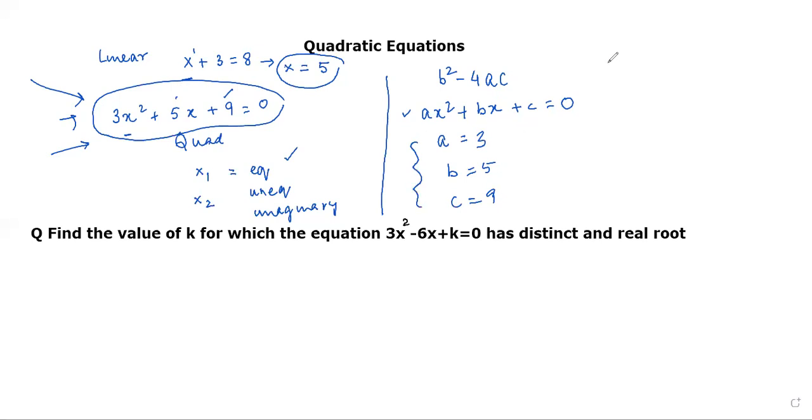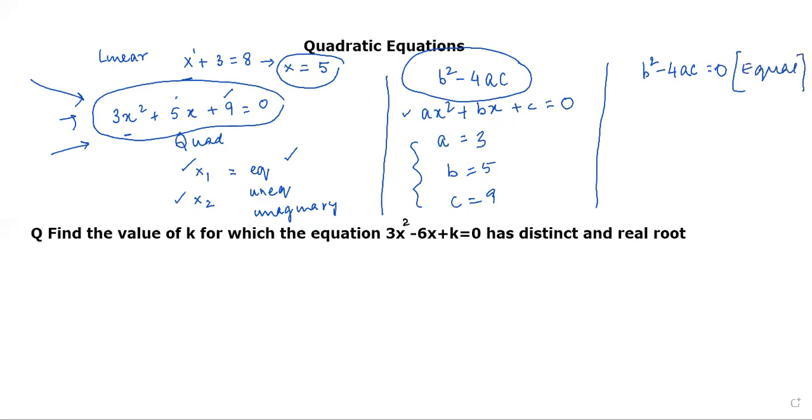Now, if you put these values in this magical expression called b square minus 4ac, if the value comes to 0, then my roots will be equal. Very important.